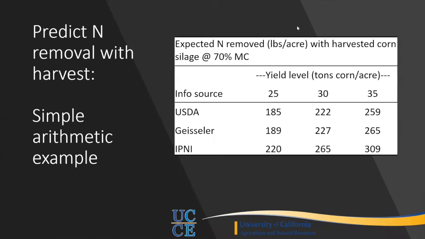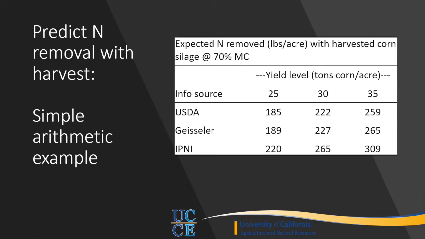So as a nutrient management practitioner, once you're armed with your yield level expectation and the nutrient use factor for that crop and that yield level, it's just a matter of simple arithmetic to come up with an expectation for how much of a given nutrient will be used.